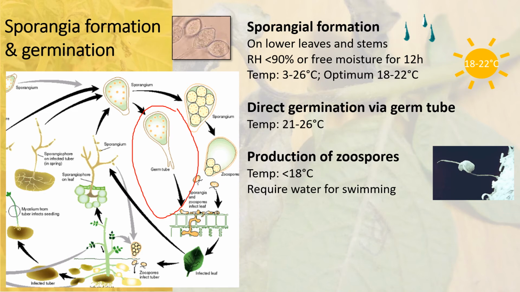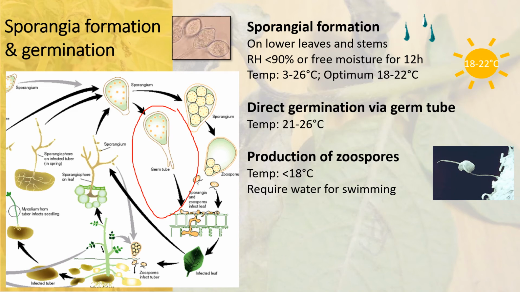Now this is important because when zoospores are produced, each zoospore is a propagule for infection. So in other words, the number of propagules for infection is multiplied between 6 and 8 times, because each sporangium produces 6 to 8 zoospores.